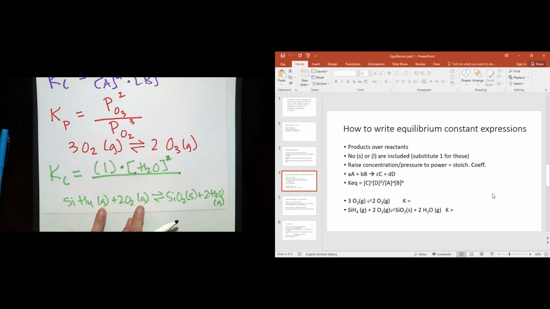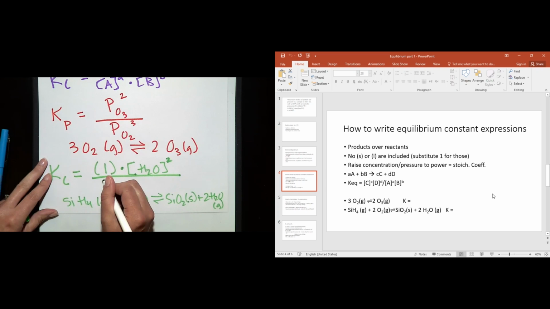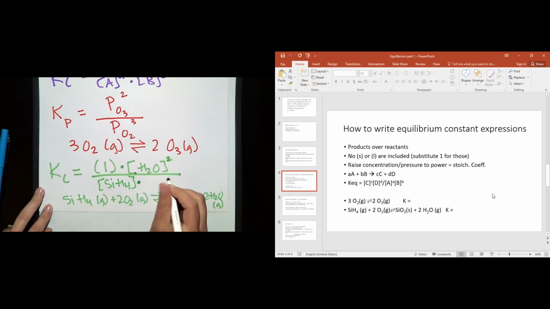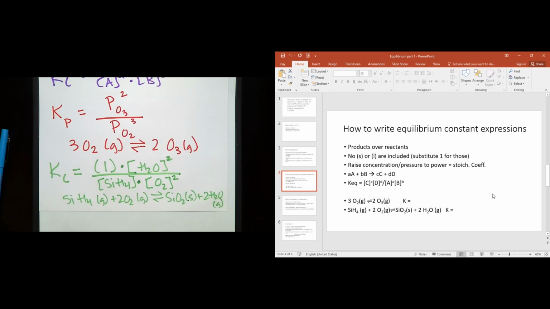No solid, no liquid, so both of these terms are going to go. It doesn't matter which order you put them in because they're all multiplied together. That's an understood coefficient and exponent of 1, times this is going to be concentration, and I do need my exponent of 2 because that is my stoichiometric coefficient.